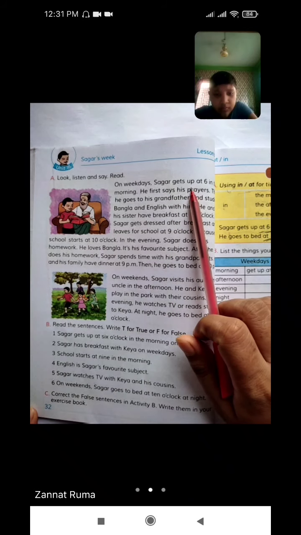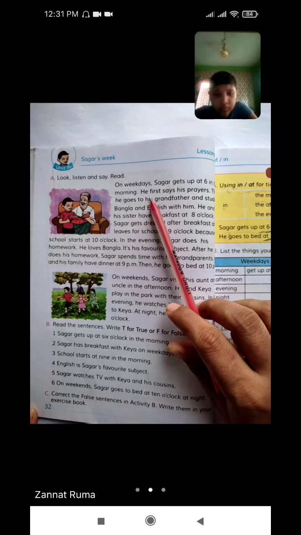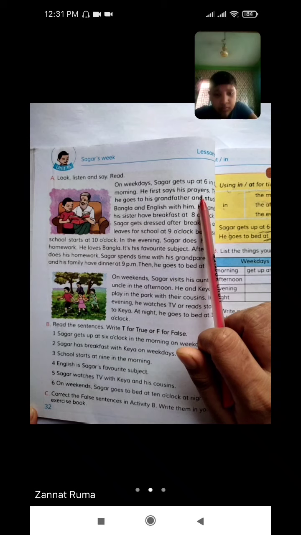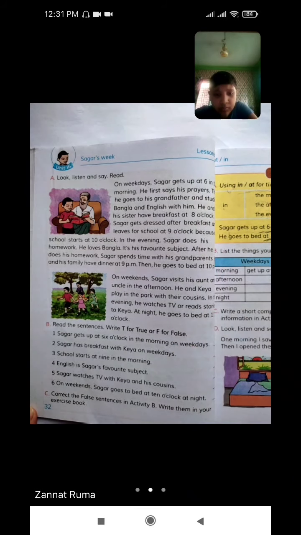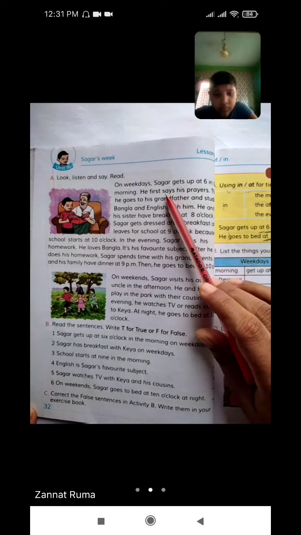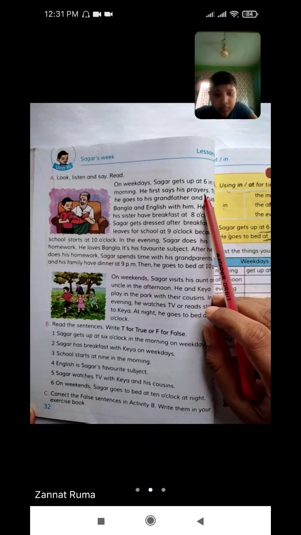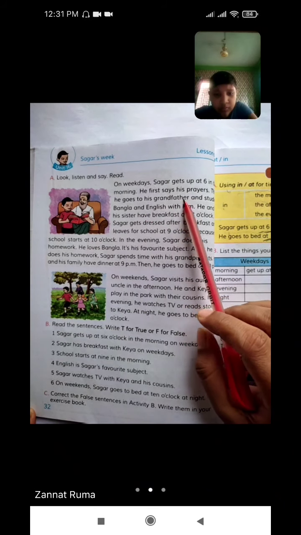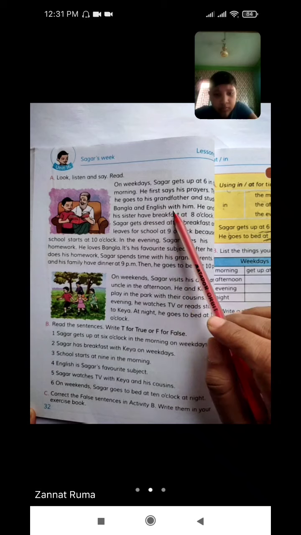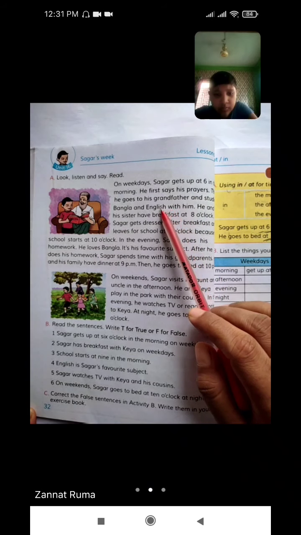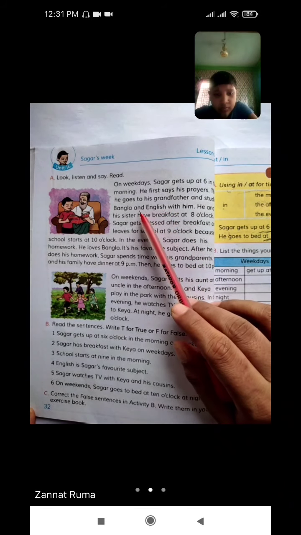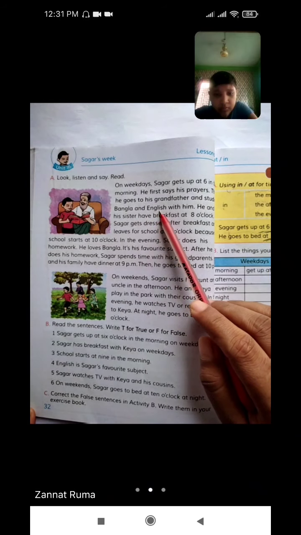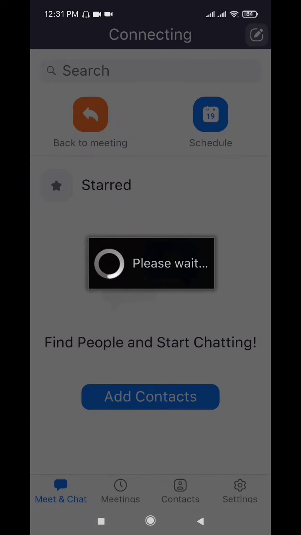He first says his prayers. So after getting up from bed, he says his prayers. Then he goes to his grandfather and studies Bangla and English with him.